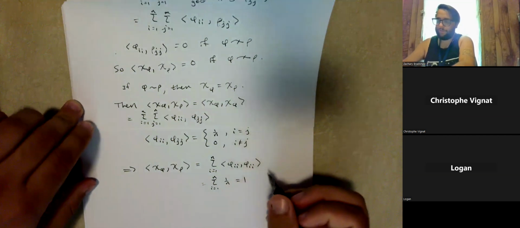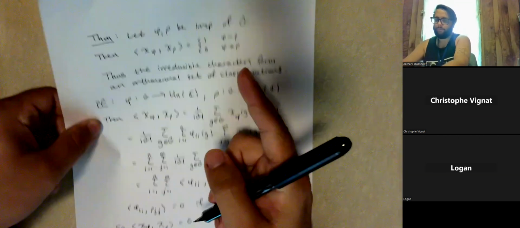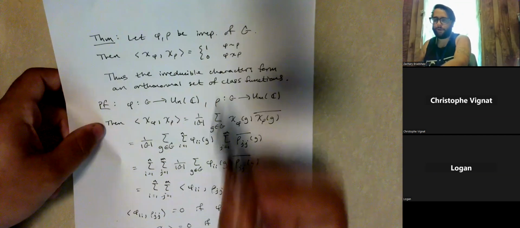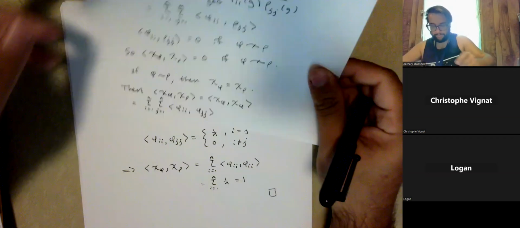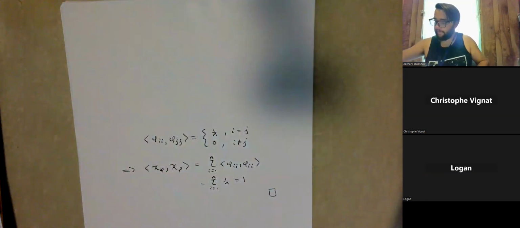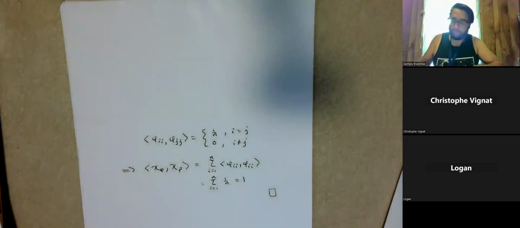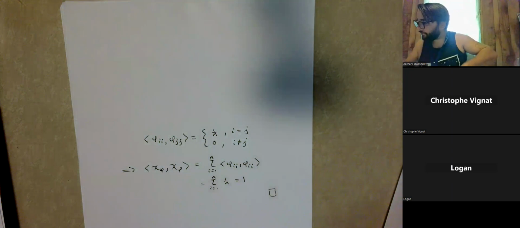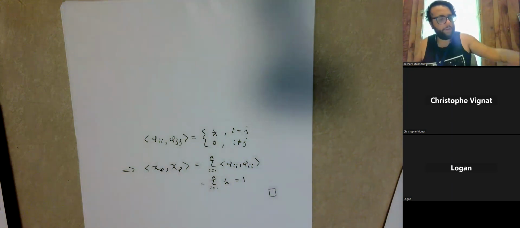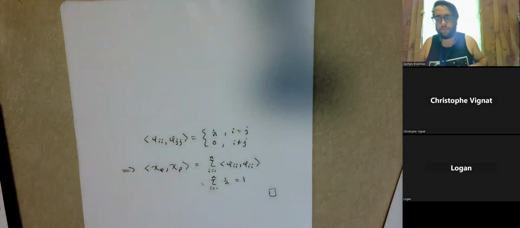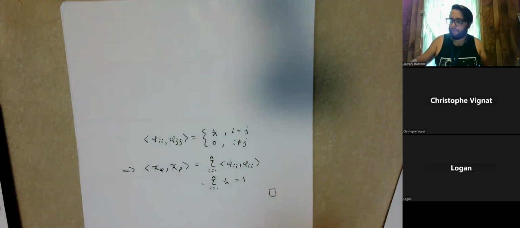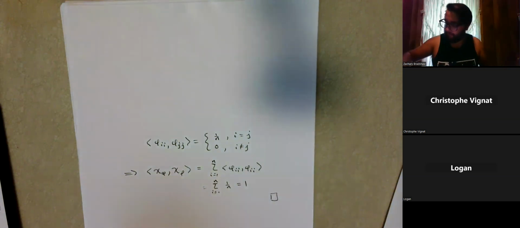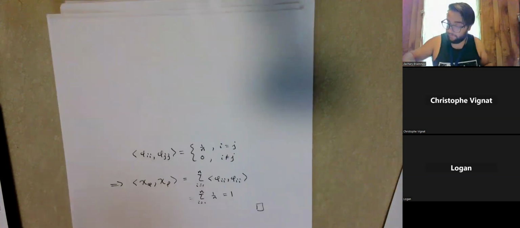And that establishes the second part, or rather the first part. We did them out of order. And so that completes the proof. Okay. So we know now that the characters of the irreducible representations of a group form an orthonormal set. So that is a very nice property to have. And we'll use that again.